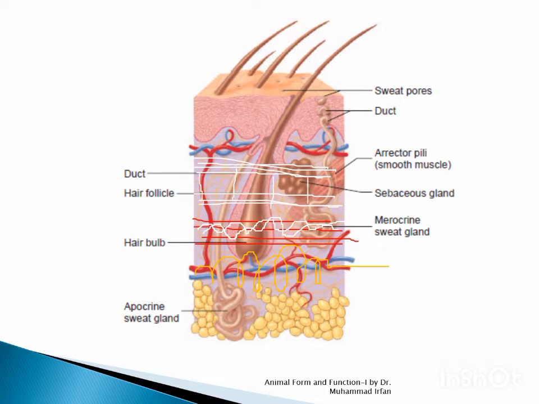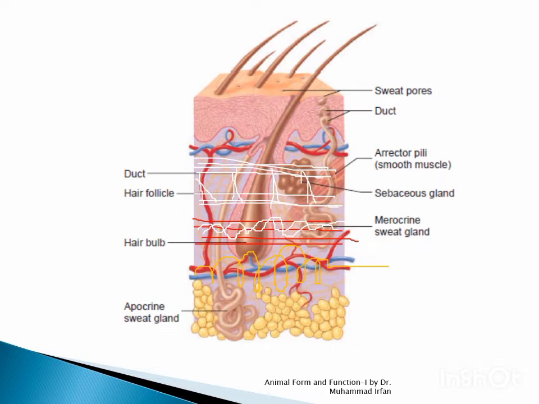So the dermis mainly has three types of cells: fibroblasts, adipose cells, and macrophages. And it contains three types of fibers: straight collagen fibers, reticular fibers, the collagen fibers that are interconnected making a network, and then elastin fibers that are made up of elastin protein, and they could recoil.